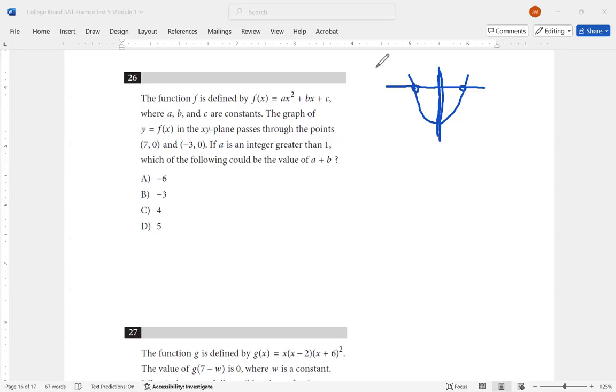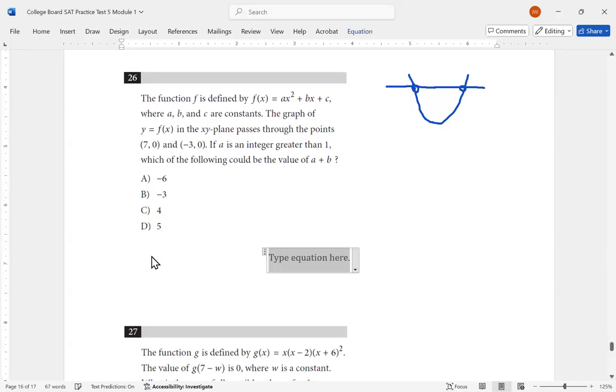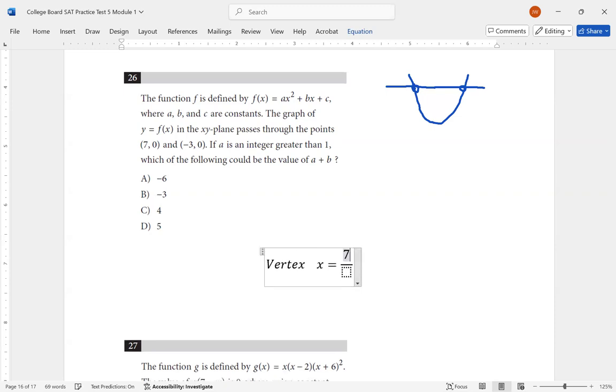The vertex's x value is determined by the halfway point between 7 and -3. So we take 7 plus -3 and then divide that by 2. So the vertex has to have an x value of 2.